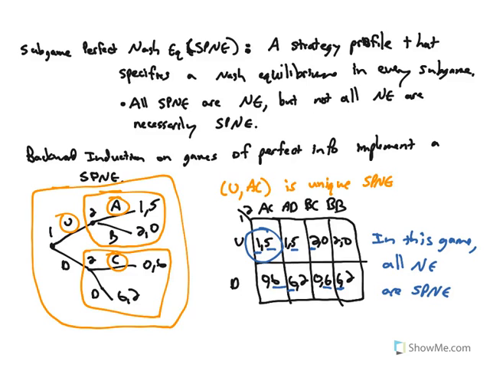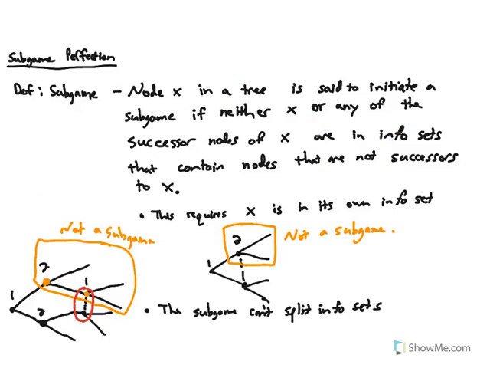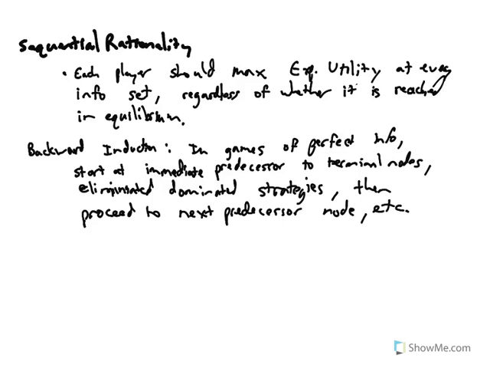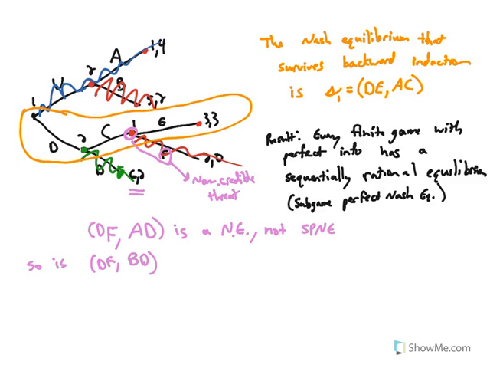So in some games, the Nash equilibria of the game are also subgame perfect, right? But in some games, we have some Nash equilibria that are not subgame perfect, like the very first one we looked at. If you remember going back to that very first slide, second slide, I guess.